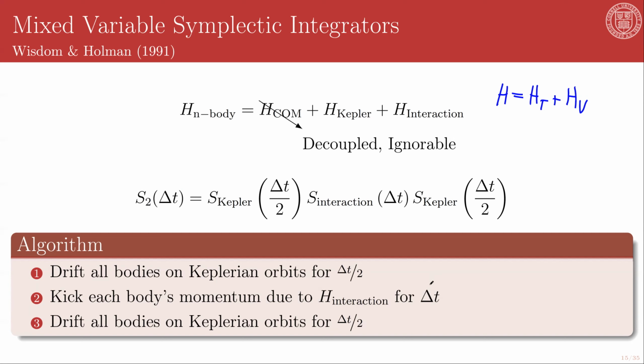Ignoring that difficulty for a second, the benefits of this method are that as long as the interaction Hamiltonian's magnitude is much smaller than the Keplerian interaction magnitude, you can increase the time step over something like a leapfrog scheme by a factor of the square root of the ratio of the central body to any other body. So (m0 over m1) to the 1/2 power, and get reasonable results with a time step that is equal to approximately 1/20th of the shortest orbital period.